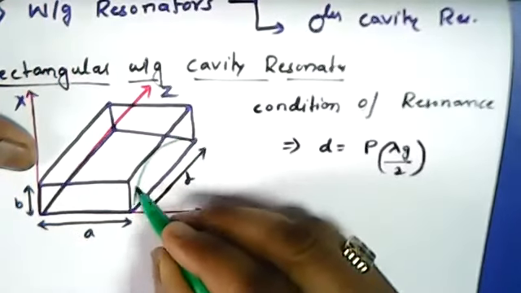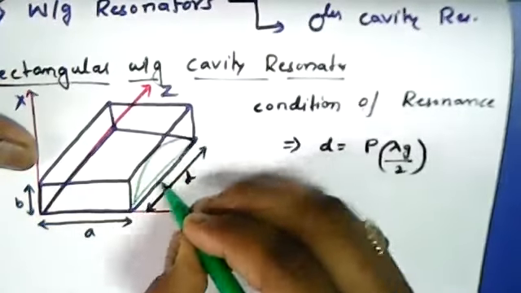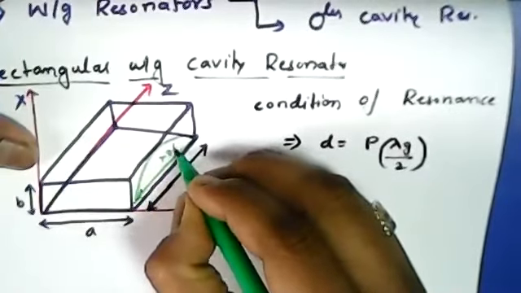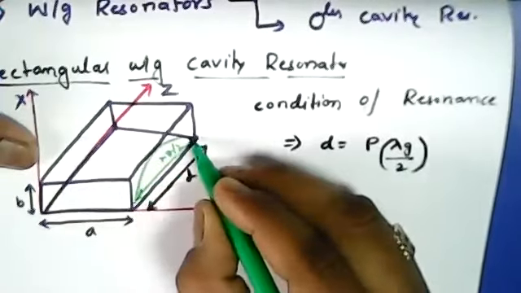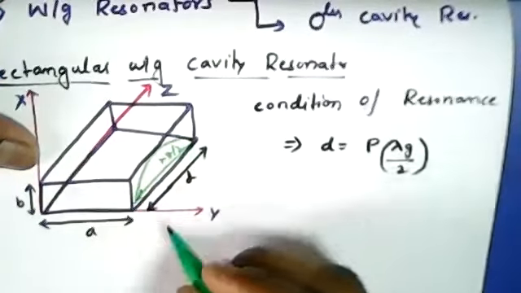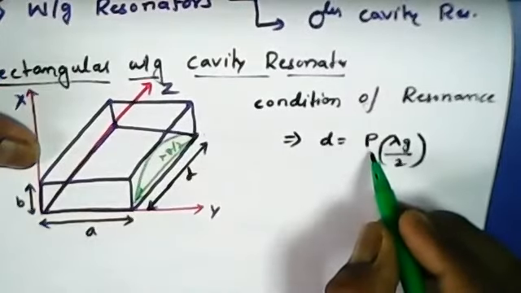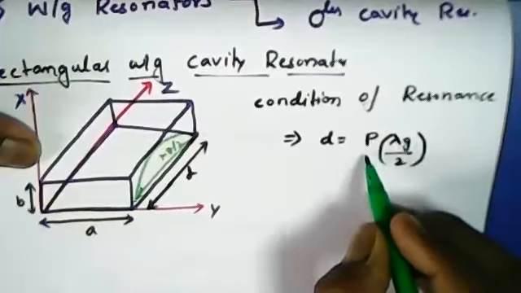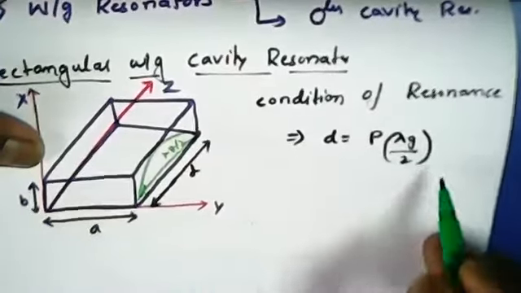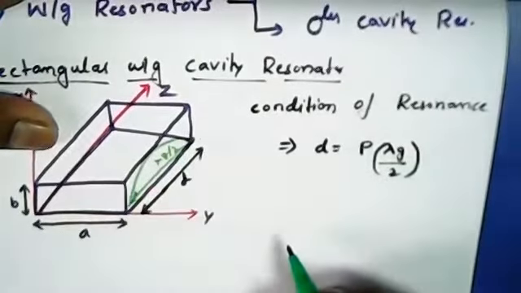See, this wave is being propagated, and this particular half wave is being considered as lambda G by 2. Then it is fulfilling the condition. Now here P is equal to 1, so we can say that it is the condition of resonance. It is satisfying the condition of resonance, so we can say that it is a cavity resonator.